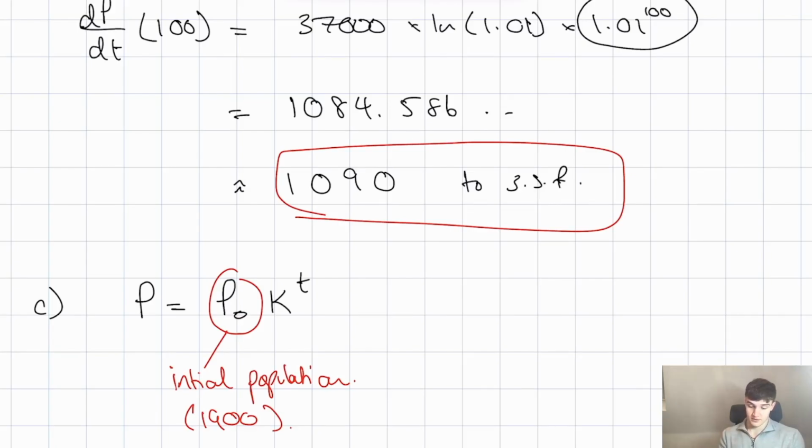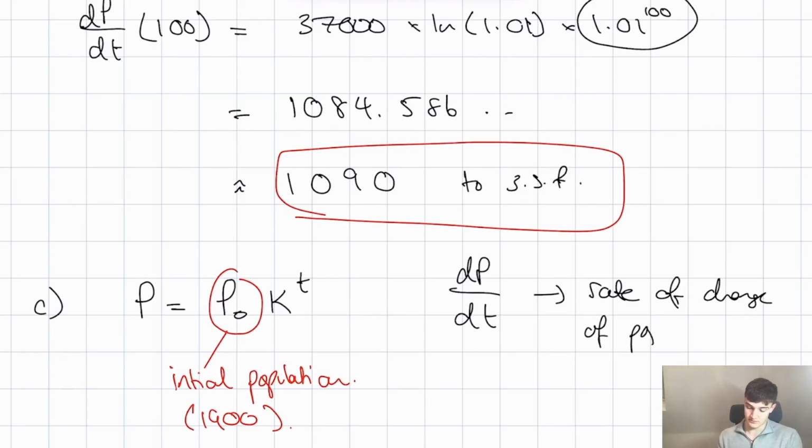So what is this telling us? Well, we want to say, what does dP dt tell us? Well, it tells us precisely the rate of change of the population with respect to time. That is literally what the derivative is telling us, always.